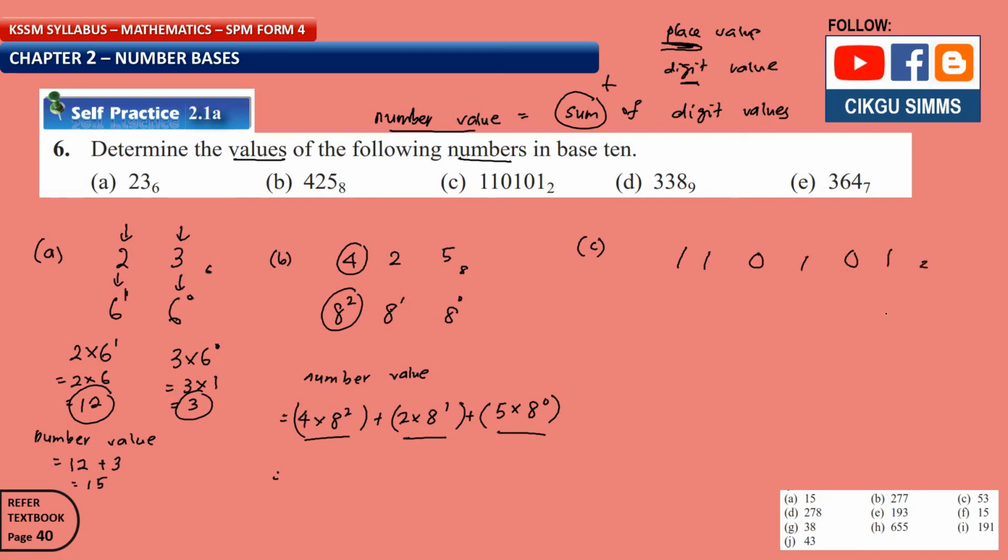Okay, so for question C, 1101101 base 2. So you write this, 0, 1, 2, 3, 4, 5, and then your number value. So I have 6 digits.